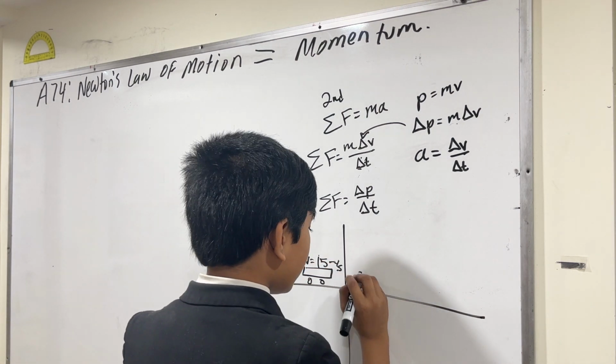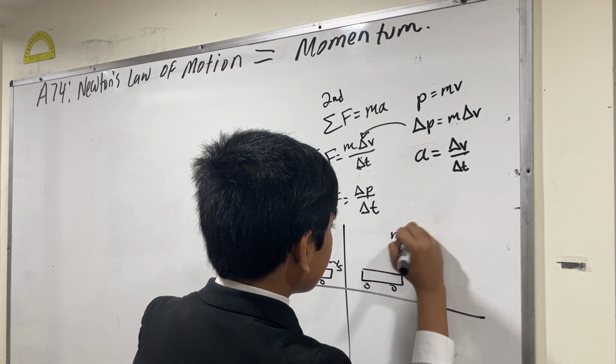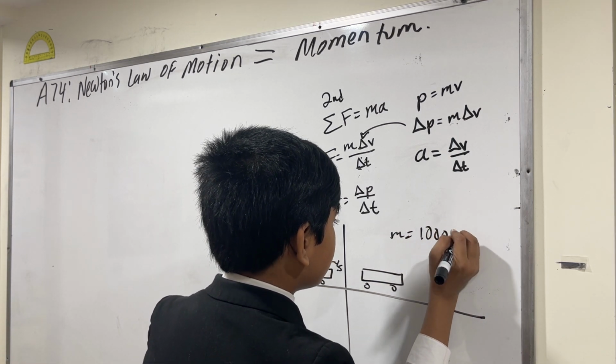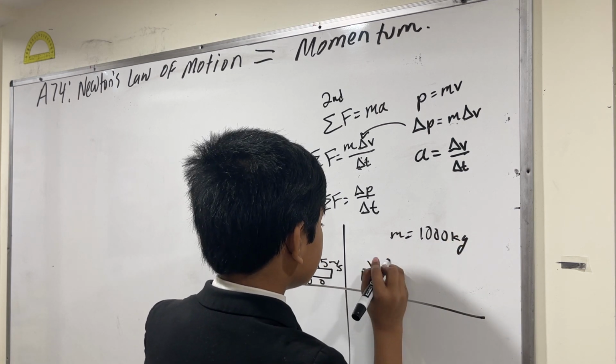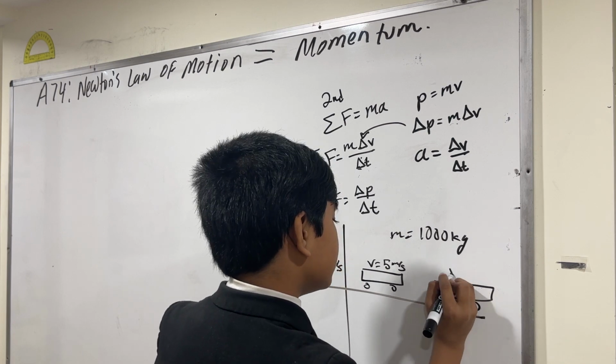But now, let's say we have this here. The mass is 1,000 kilograms as well. And velocity is 5 meters per second. And velocity is still 5 meters per second a few seconds later.